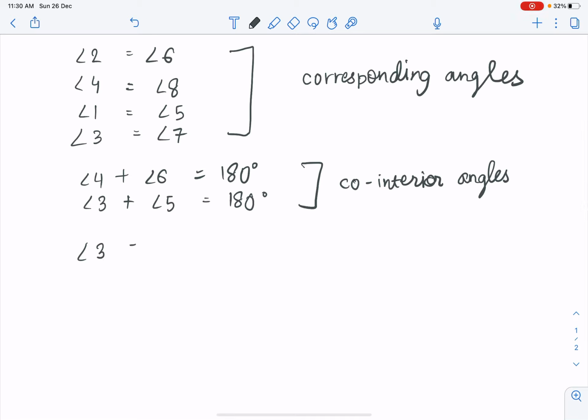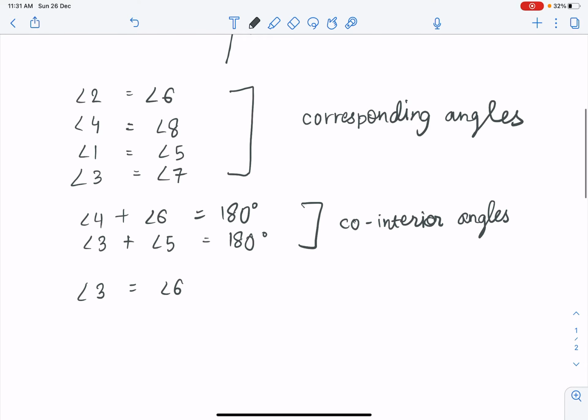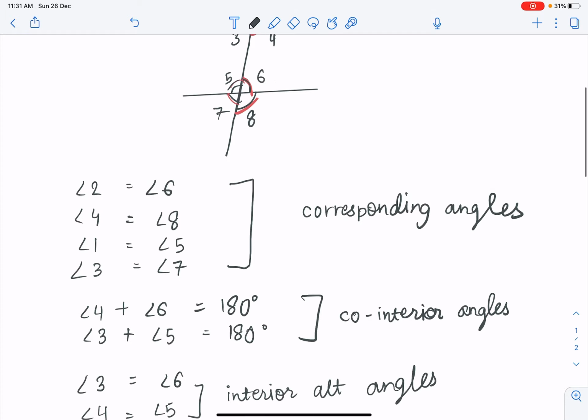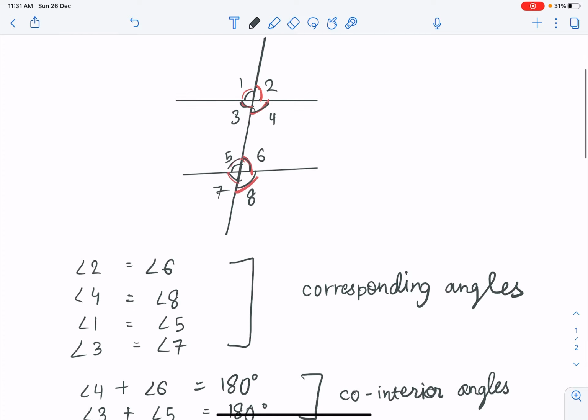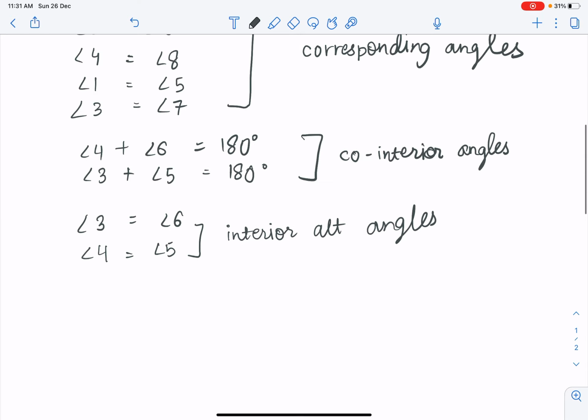Angle 3 is equal to angle 6 and angle 4 is equal to angle 5. Because of interior alternate angles.